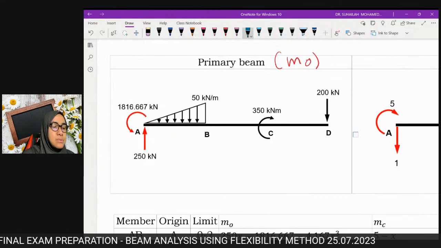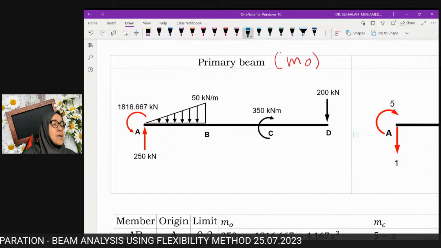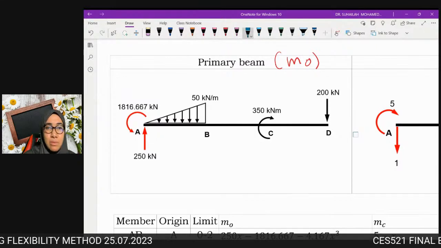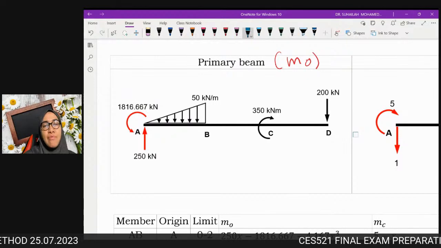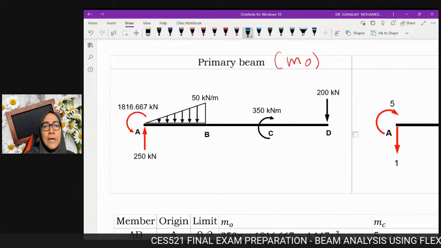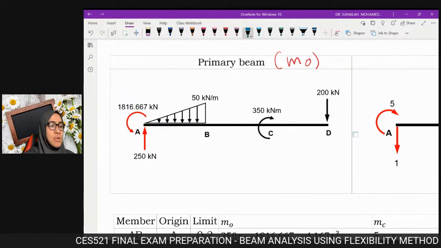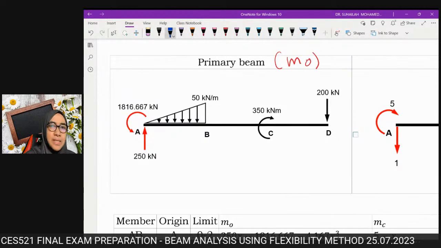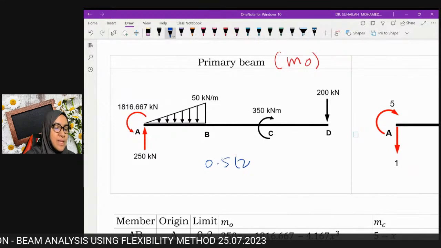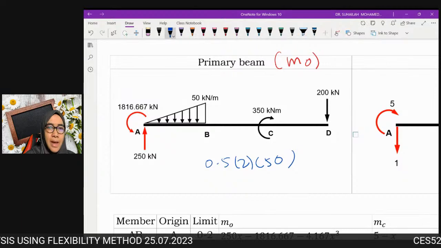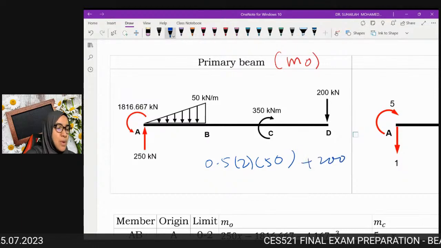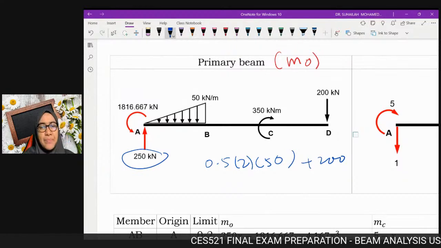So we calculate. Always remember, for the triangular load, the area is the force. To get 250, the area is 0.5 times 2 times 50. The area of the triangular load, we plus 200, so that is why we get 250.